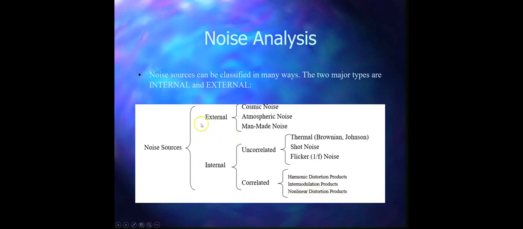So let's first talk about the external noise and how it arises. First, we're going to talk about the cosmic noise. The sun and other stars in the atmosphere we see basically emit all kinds of electromagnetic energy, some of which are quite useful for life, like visible light and infrared light, which is basically heat. The sun also emits radio frequencies of a wide range.